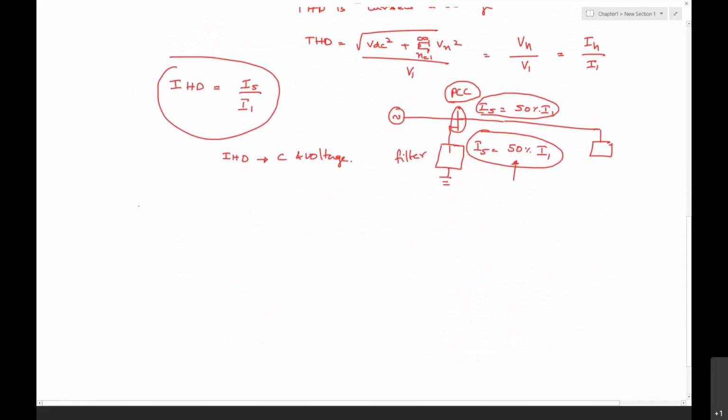Next is the total demand distortion. With this itself we can understand the demand. When you talk about a demand, it is with respect to power, the power demand.